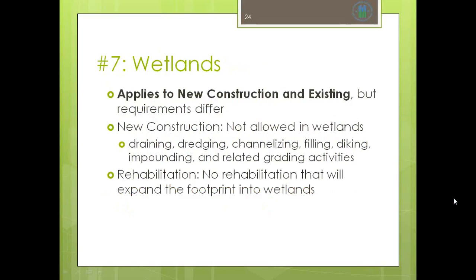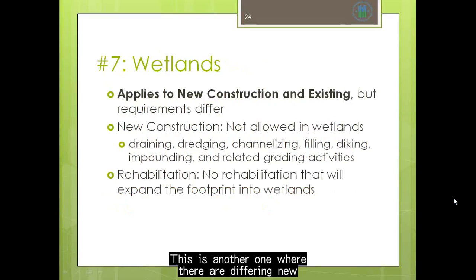All right, the seventh tenet, wetlands. This is another one where there are differing requirements depending on whether the site is new construction or is existing. So if this is a new construction site, we're not going to allow assistance if it's in a wetland.